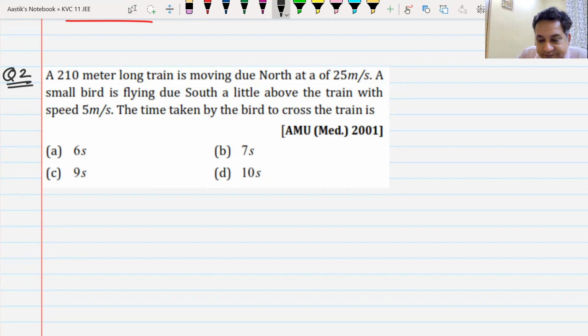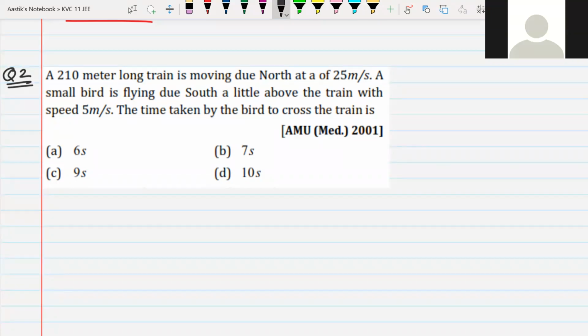I give you 2 minutes to solve this. A, B, C, D. What is the answer?